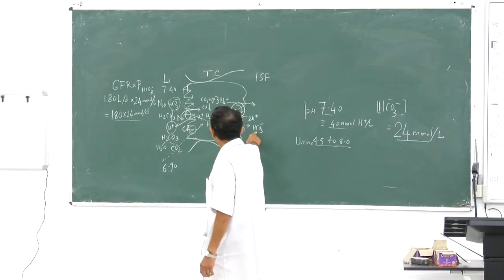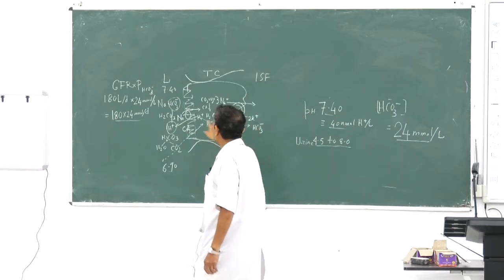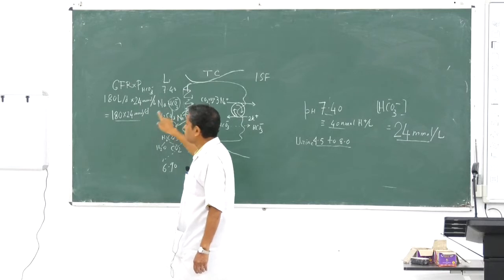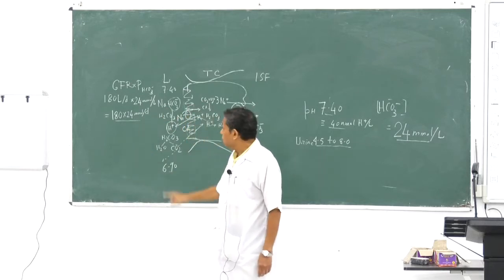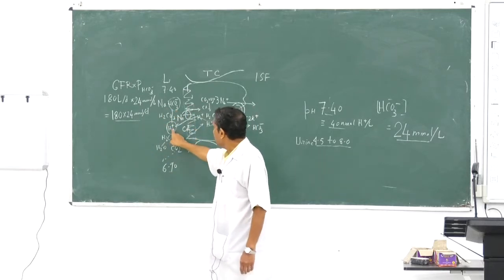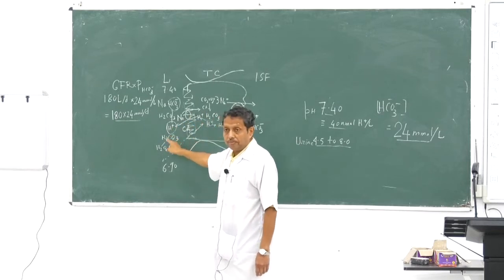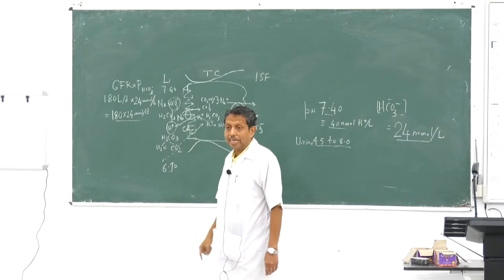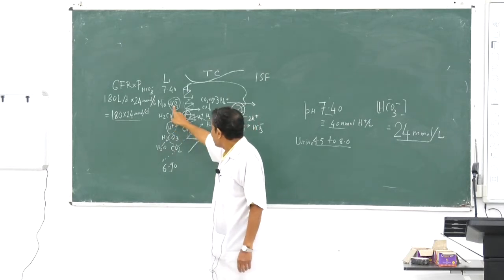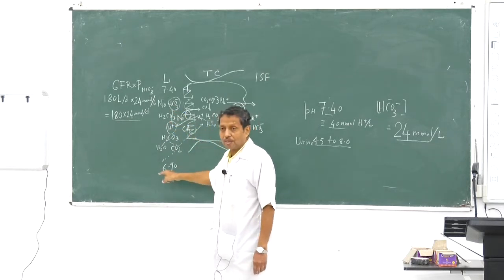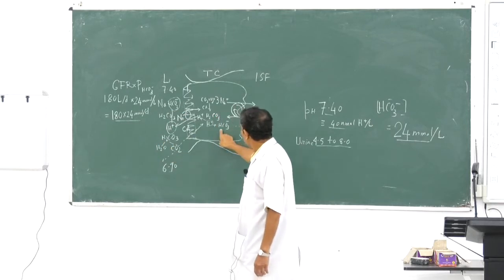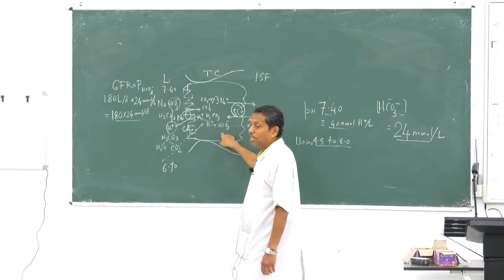Ultimately, we are getting this bicarbonate out of the bicarbonate that is lost in the lumen. This bicarbonate is reacting with the hydrogen ion that is diffusing from the cell, and it is an example of secondary active transport.